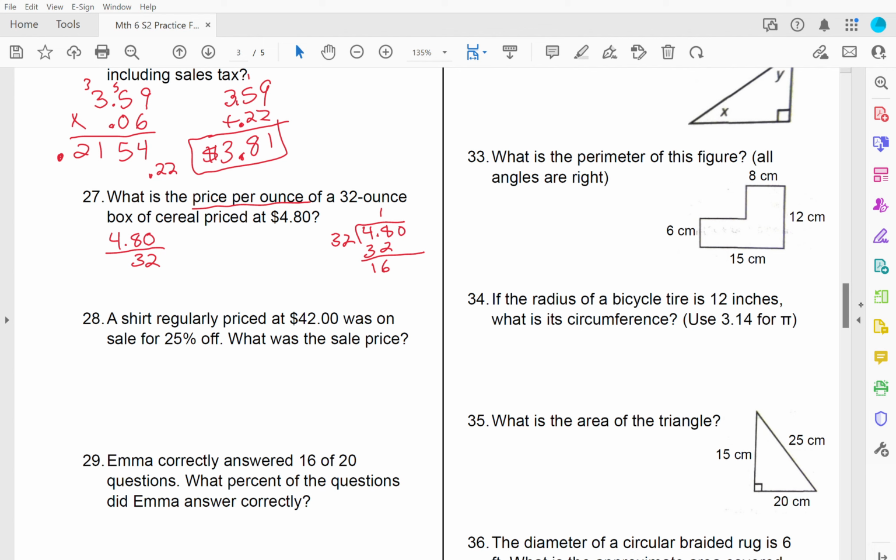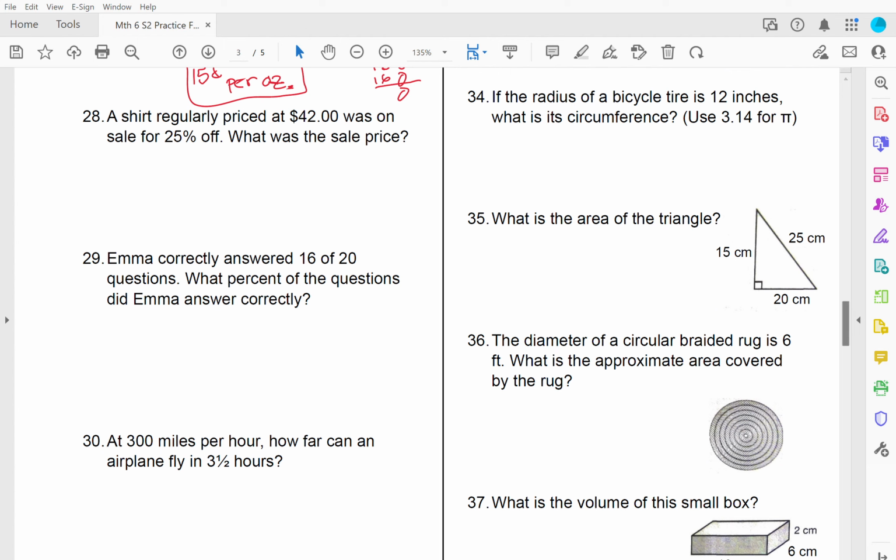So I'll bring down a 0. 32 goes into 160, exactly 5 times, I believe. 5 times 2 is 10, put down the 0, carry the 1. 5 times 3 is 15, plus 1 is 16. Sure enough. This is 15 cents. So our answer is 15 cents per ounce. Okay? That's our final answer there.